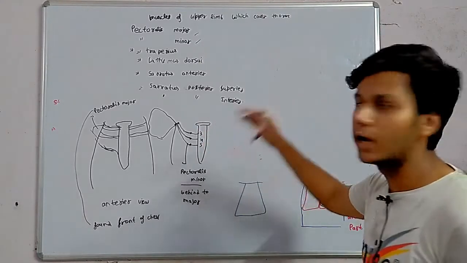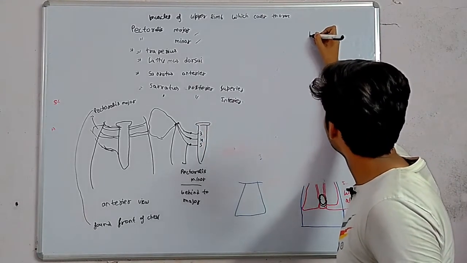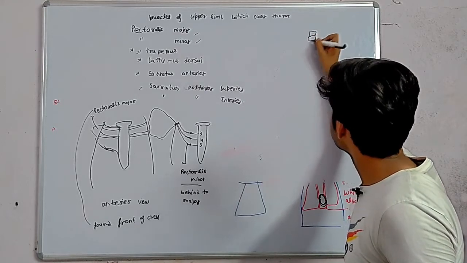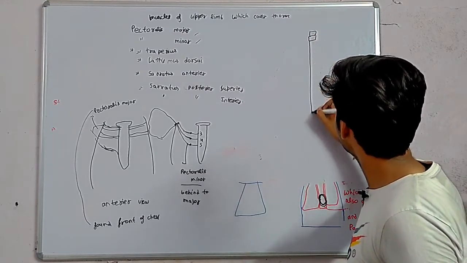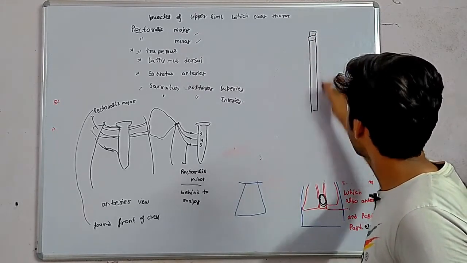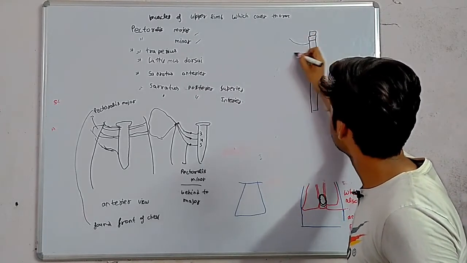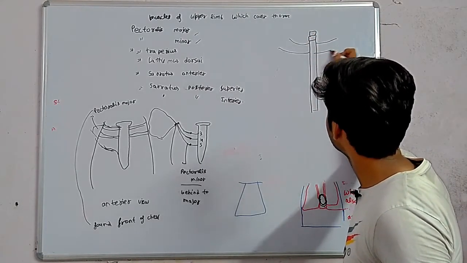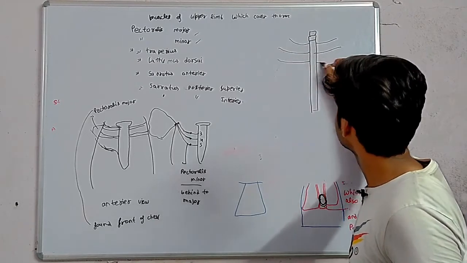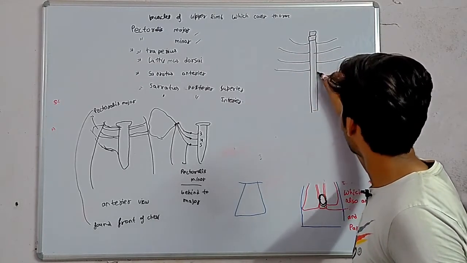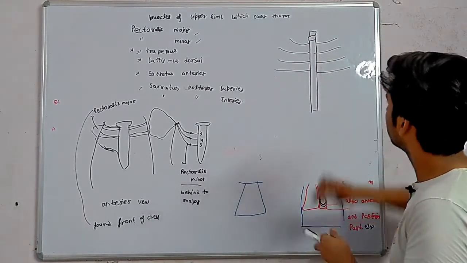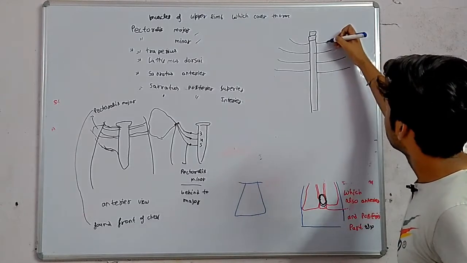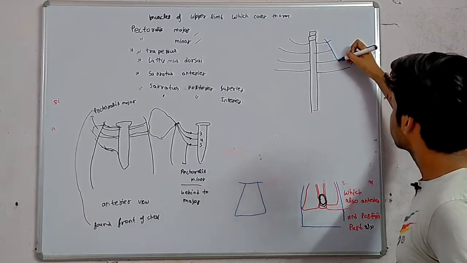Now take the back side of the thorax. So this is the vertebral column, and these are the ribs. We know that here the scapula is found.